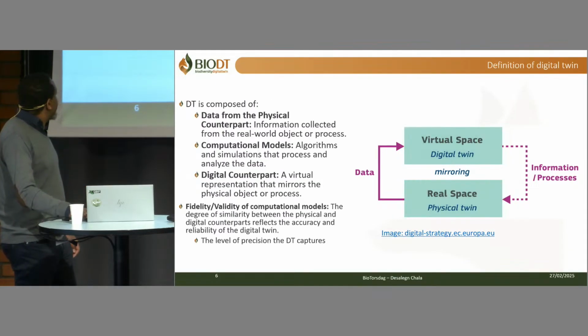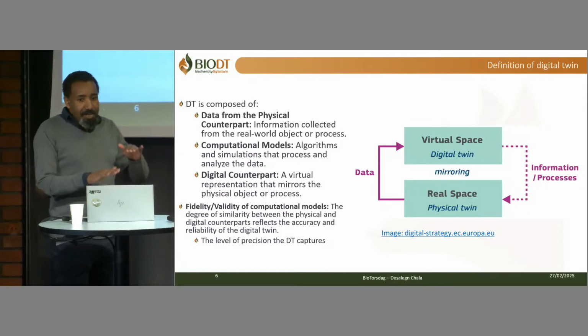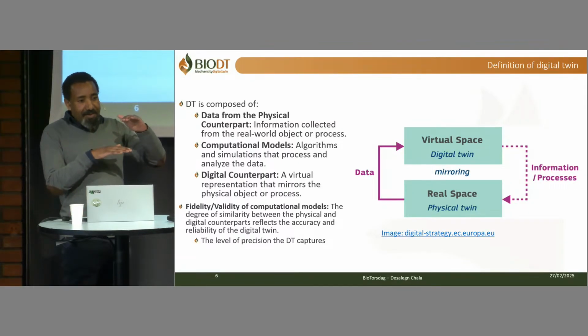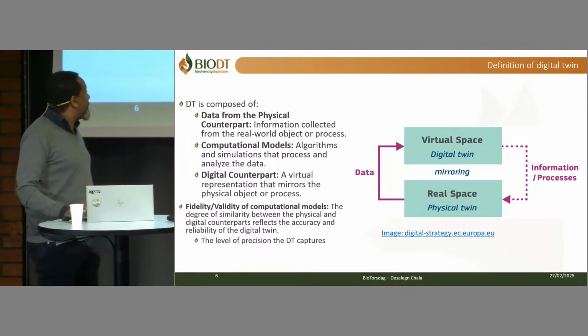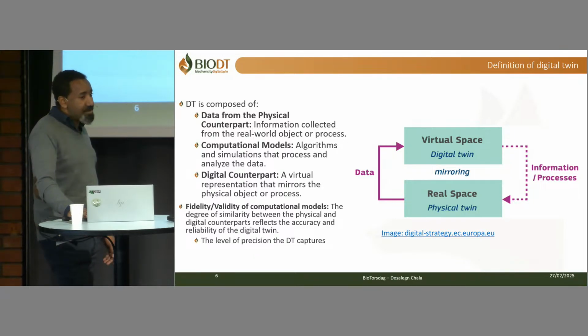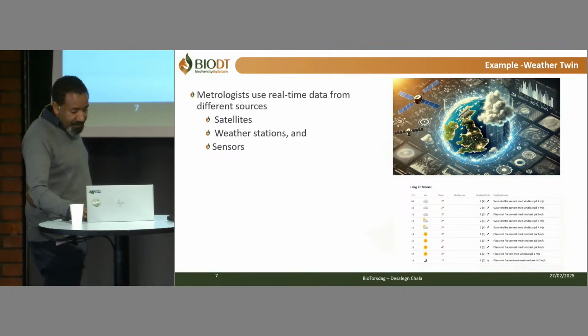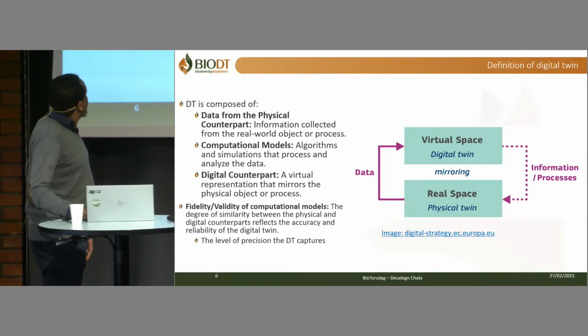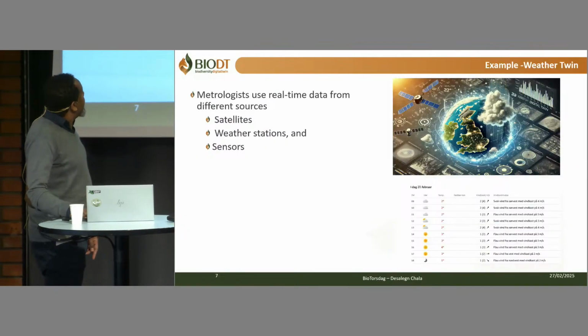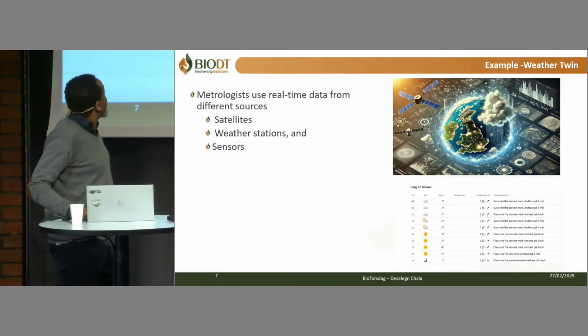They are connected in real time, but with some level of certainty, and the level of precision or certainty is what we normally call the fidelity or validity. How can we do that? Normally the real and virtual spaces are connected by computational models.